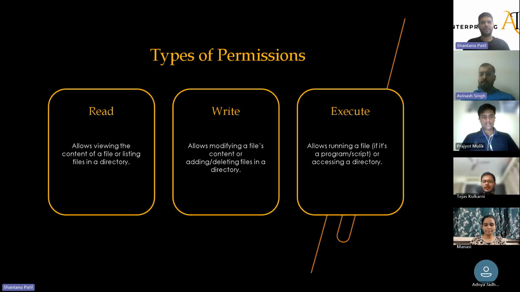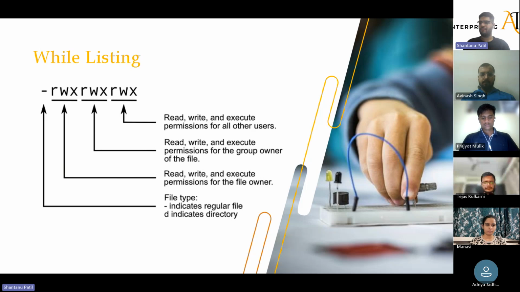Okay. Now we will check how these permissions are displayed on the command line. So first, as you can see, there is a hyphen. This indicates the file type, whether it is a file, a directory, a hard link, a soft link, what type of file it is.